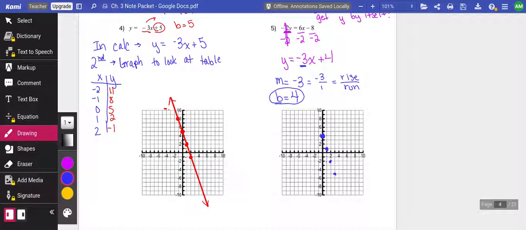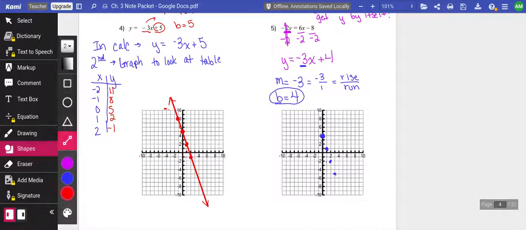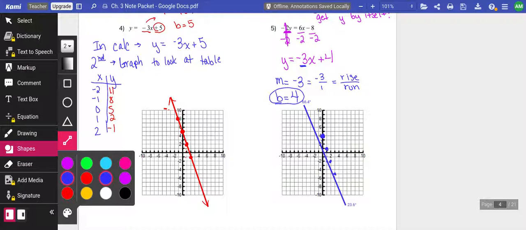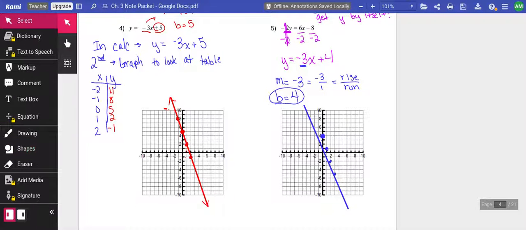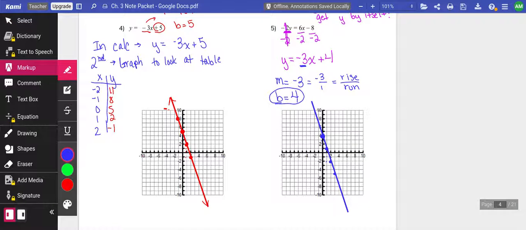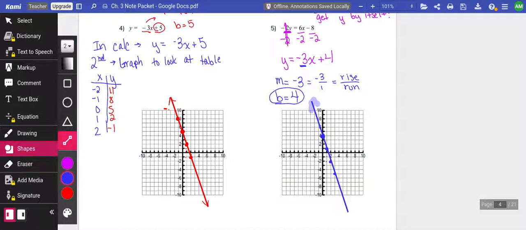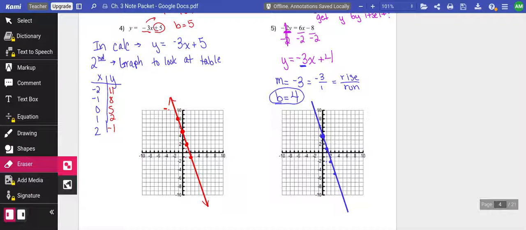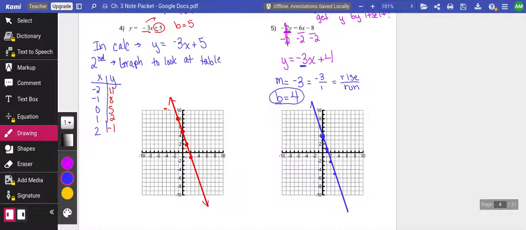And once I have at least, I would say, 4 points plotted, I can draw my line. And arrows go at the ends of my line. Arrow, arrow.